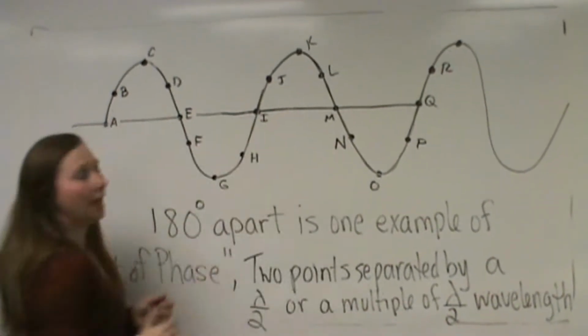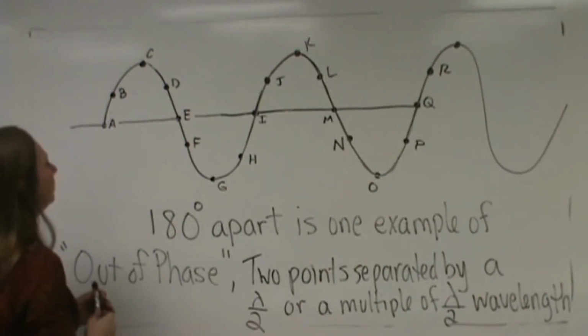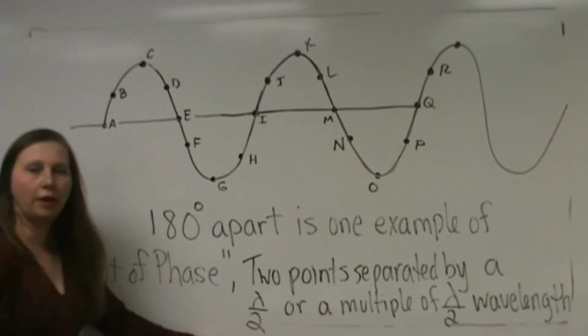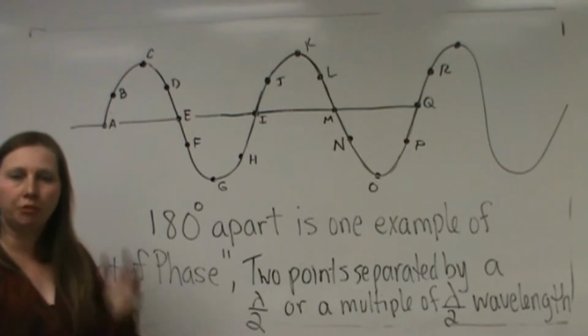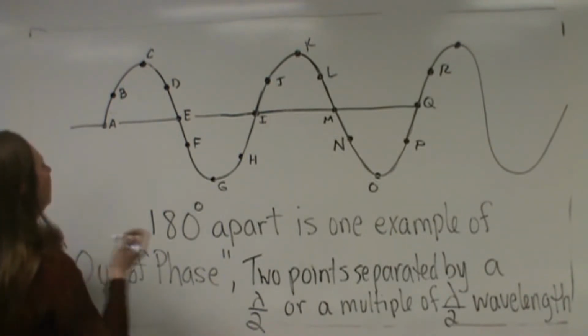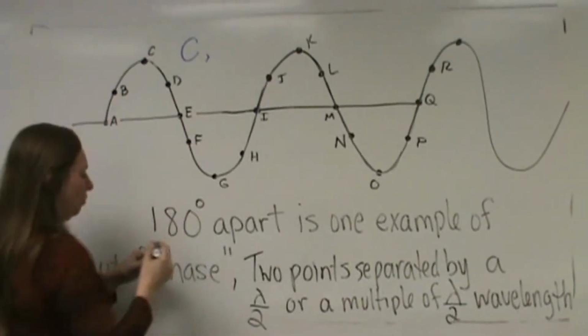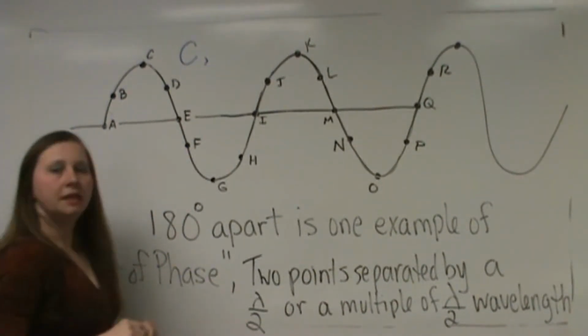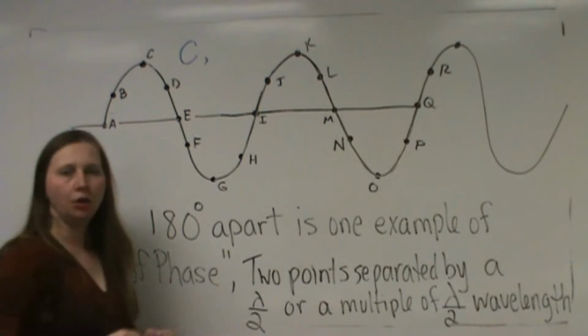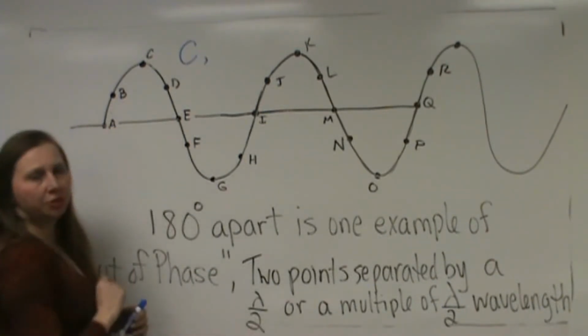Let's take a nice, easy example for starters. 2 points that are 180 degrees out of phase. Let's start with point C, the crest. Name one point that is 180 degrees, or a half a wavelength, away from C.